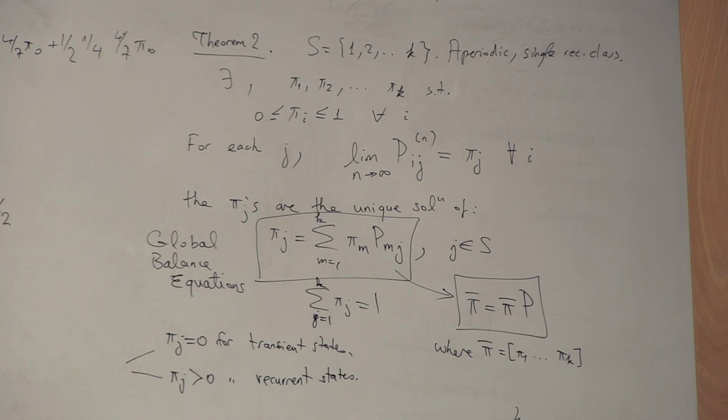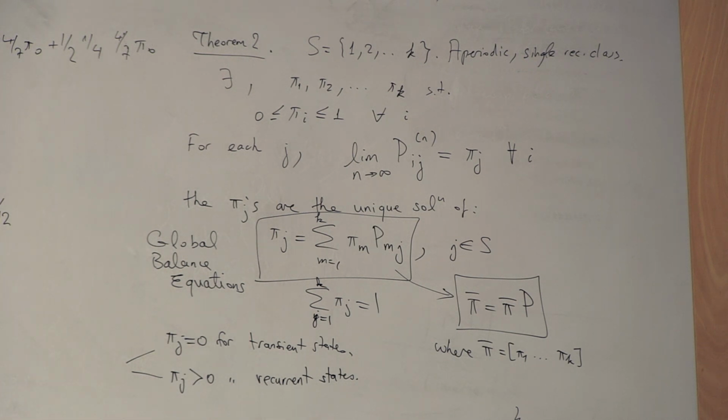In our examples, we've seen that as n grows, the columns corresponding to transient states in the P to the n matrix go to 0. Now these pi j's are called stationary probabilities because of this reason.